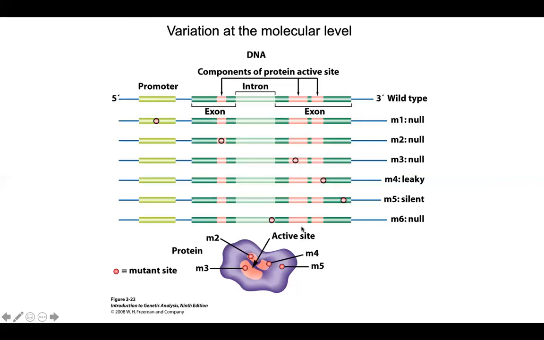But again, this is just a cartoonish version, right? Some of these mutations in the boundary region may very well have very bad consequences, or may not have any consequence at all. And then the M5 is referred to as a silent mutation, right? We may see an exchange of an amino acid, but it doesn't actually change the protein function.